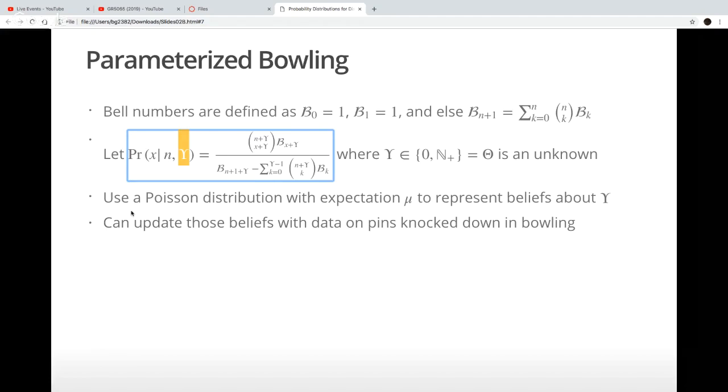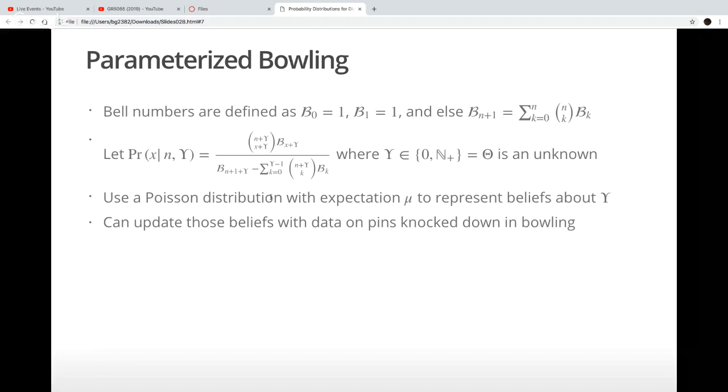And so when defining a probability mass function based on the Bell numbers, we don't necessarily have to start at the 0th Bell number. We can shift the whole thing over, both x and n, by upsilon and still easily work out what we need to divide by in the denominator to make this a valid probability mass function. Namely, all the numbers are between 0 and 1, and they add up to exactly 1 over the whole sample space for bowling, which again is the integers between 0 and 10.